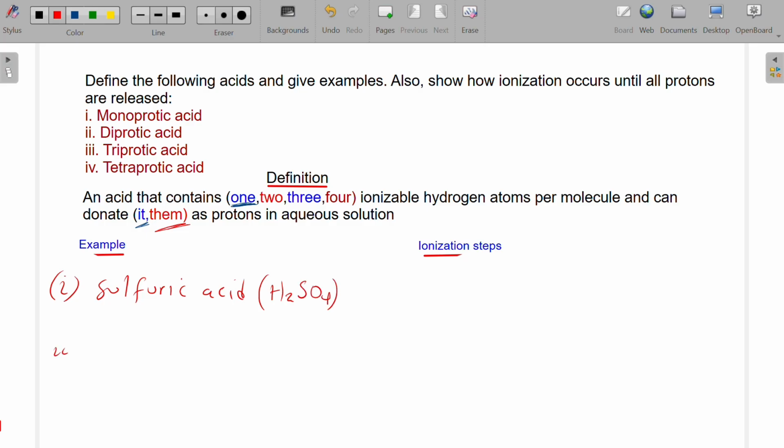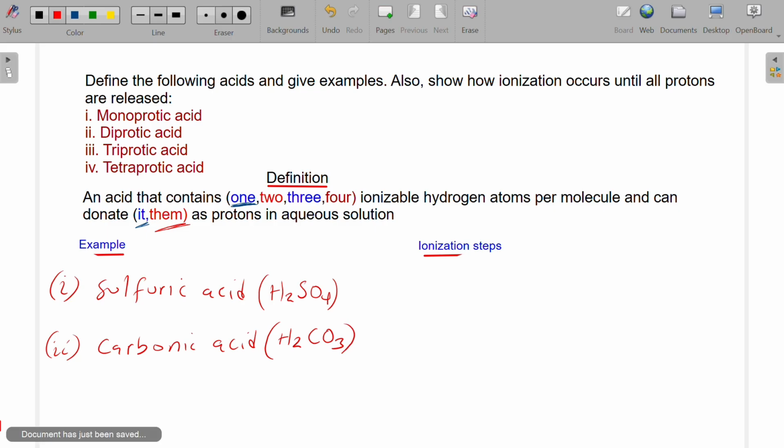Then the second one we're going to use here is carbonic acid. Carbonic acid has got a formula which is again H₂SiO₄. So those are the two examples we are going to use.